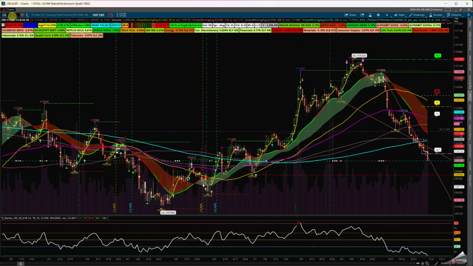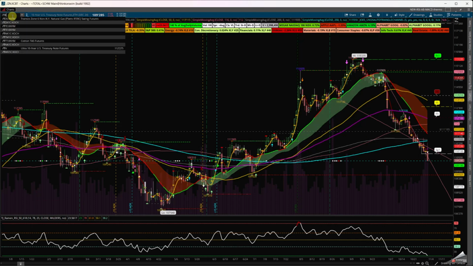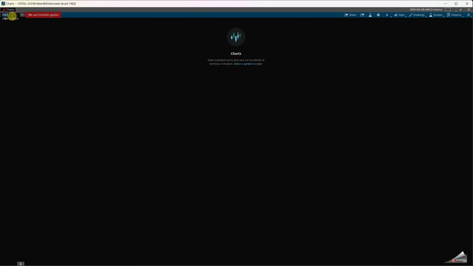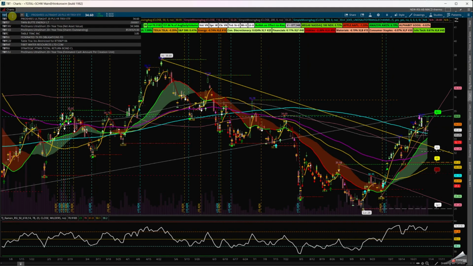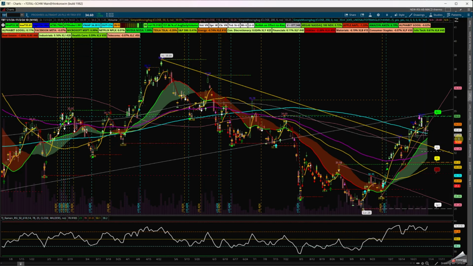But if I look at the TBT long-term yield, I'm paying attention to that TBT. I'm looking at this sector. Are interest rates going to drop a quarter basis point from the Fed, half a basis point, quarter, or are they going to wait till end of December to do the half a point? So we're going to pay attention to what the bond is doing in relationship.